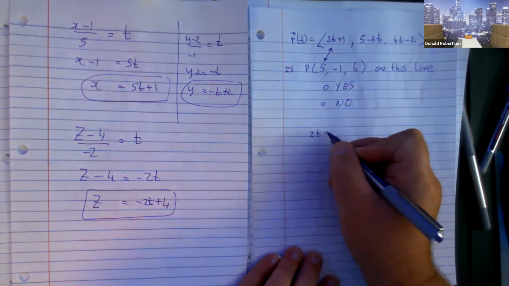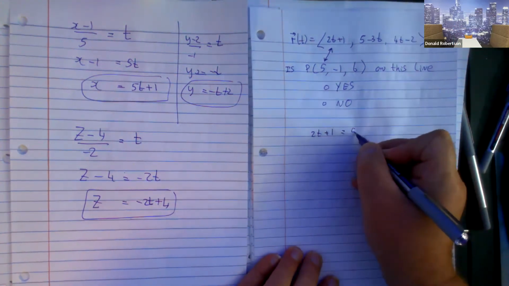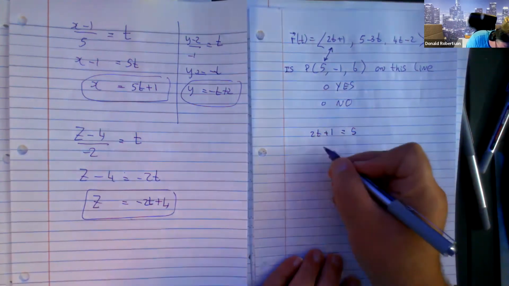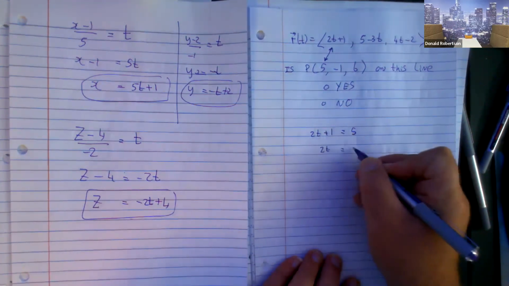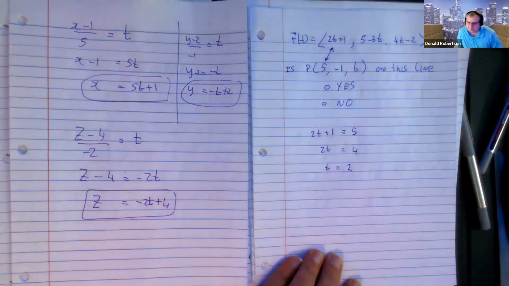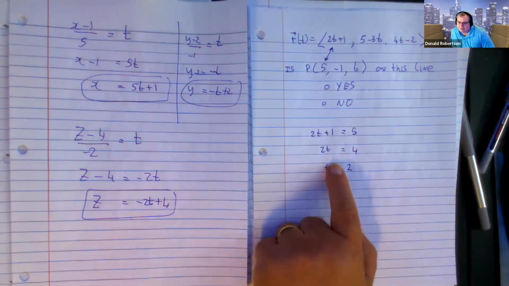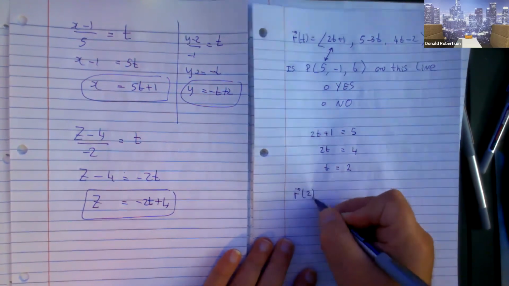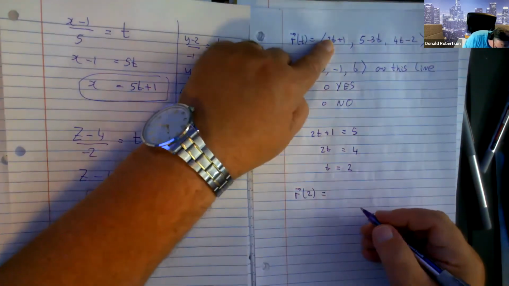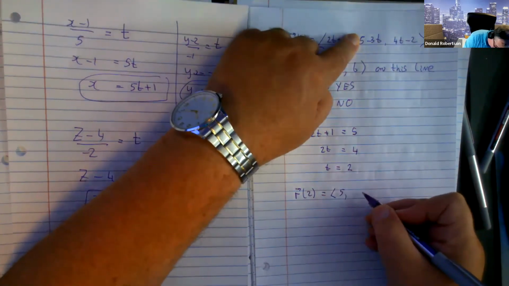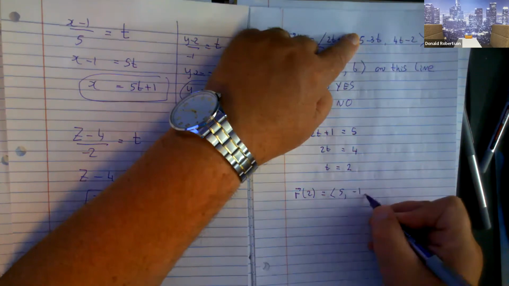Then shouldn't that equal 5? Agree? The x should equal the x's. Now, the only way that's going to happen is that t equals 2. Now, if I find t equals 2, then I should be able to find what everybody is. 2 lots of t plus 1 is 5. 5 take away 3 lots of 2 is negative 1.